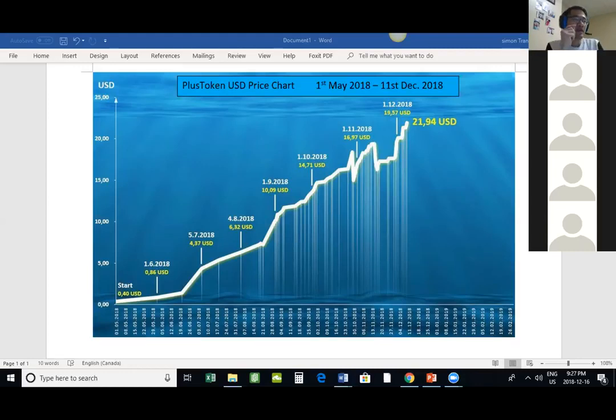So imagine if 800,000 people were only buying Bitcoin, and nobody selling, what would happen to the Bitcoin price? Bitcoin price will go up. Nobody selling, but everybody buying, 800,000 people, the Bitcoin price will go up, right? Same with Plustoken. If 800,000 people are all buying Plustoken and nobody selling, then the Plustoken price will go up, right?